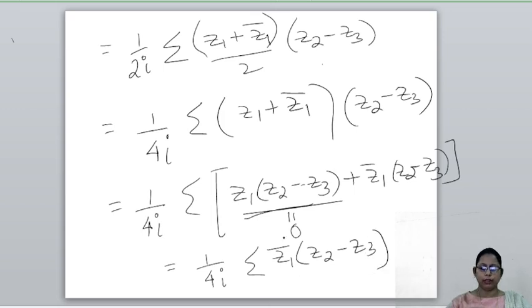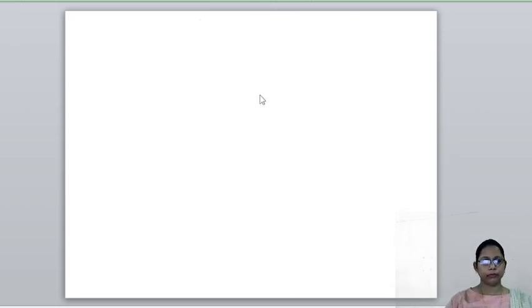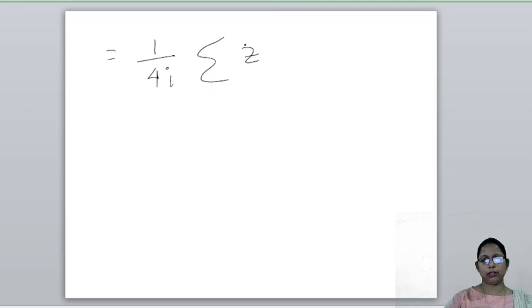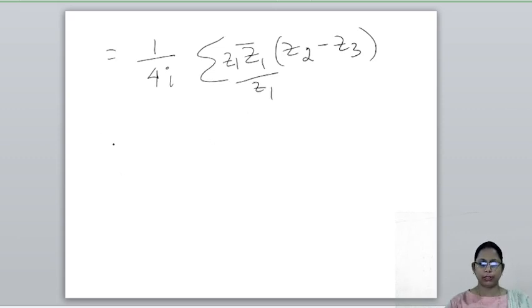In the next step, we have 1 by 4i sum of z1 conjugate times z2 minus z3. Here I am multiplying by z1 and dividing by z1 so that our equation remains the same. Multiplication and division by the same number will not create any change.